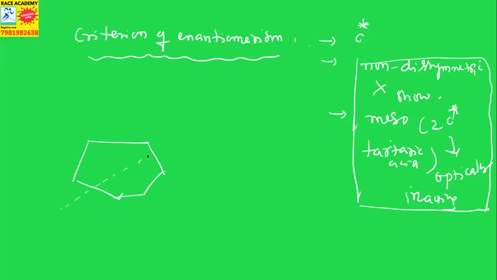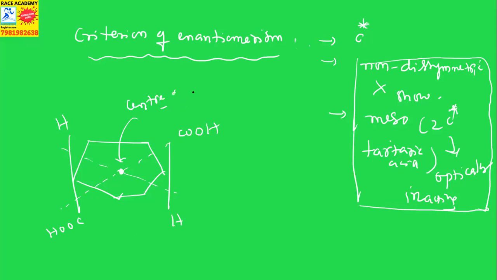If you observe the structure here, at this carbon center we have COOH present here and hydrogen here. On the opposite side, we have COOH and H. In such a case, this is the center of symmetry.